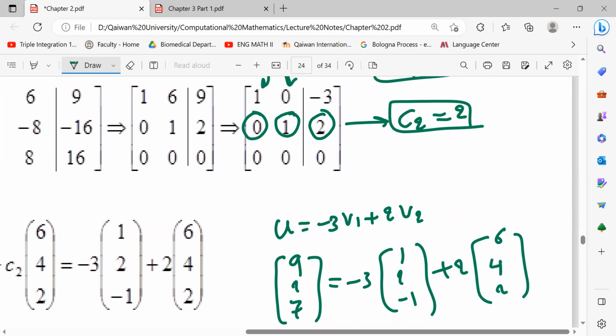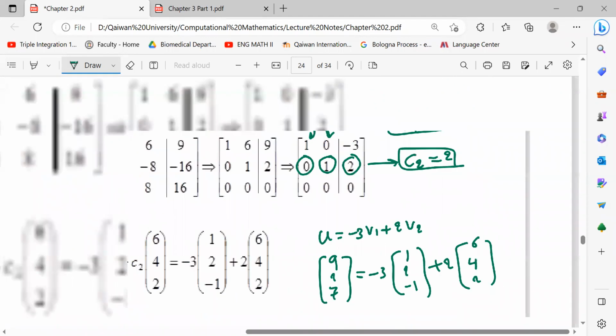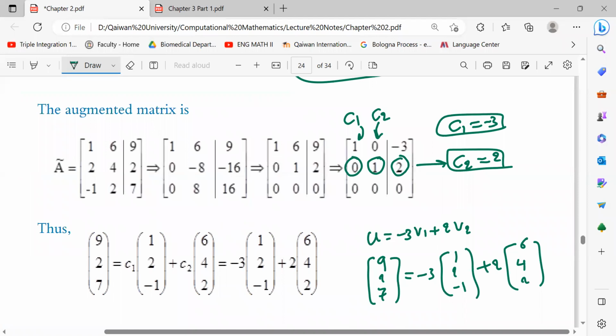That's it. As we could write down U by a constant times V1 plus a constant times V2, it means U is the linear combination of V1 and V2. That's all.